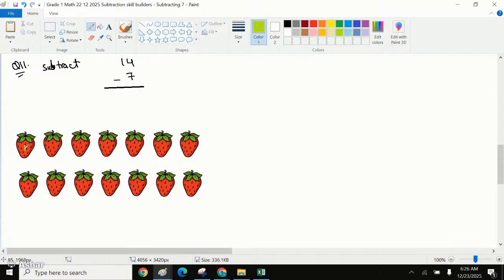We can say 1, 2, 3, 4, 5, 6, 7, 8, 9, 10, 11, 12, 13, and 14. If we have 14 strawberries, okay, let's see what our answer would be. We remove how many? We remove 7. We start from the biggest number. 1, 2, 3, 4, 5, 6, and 7.